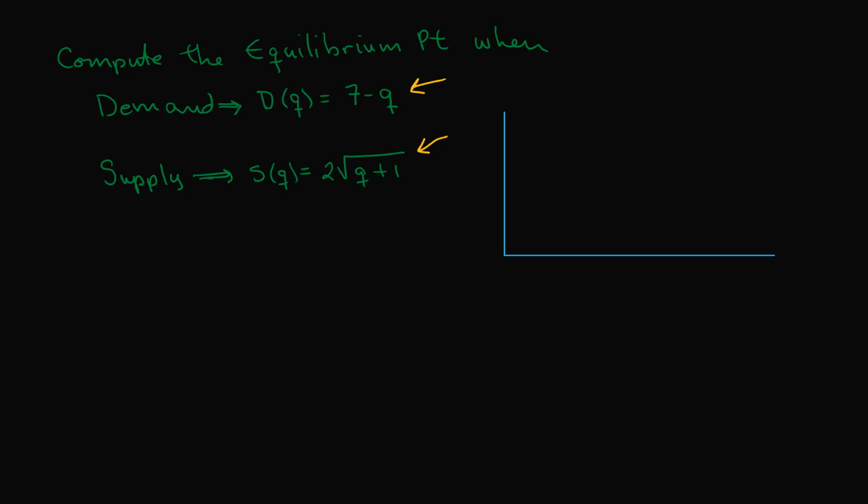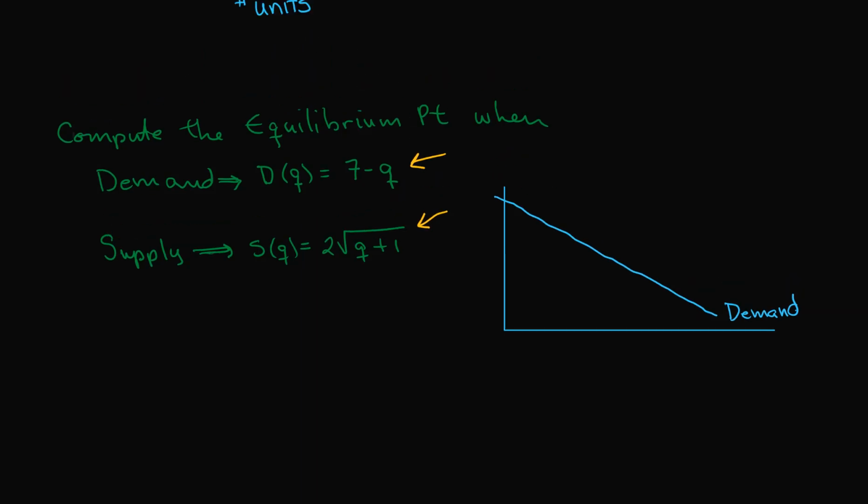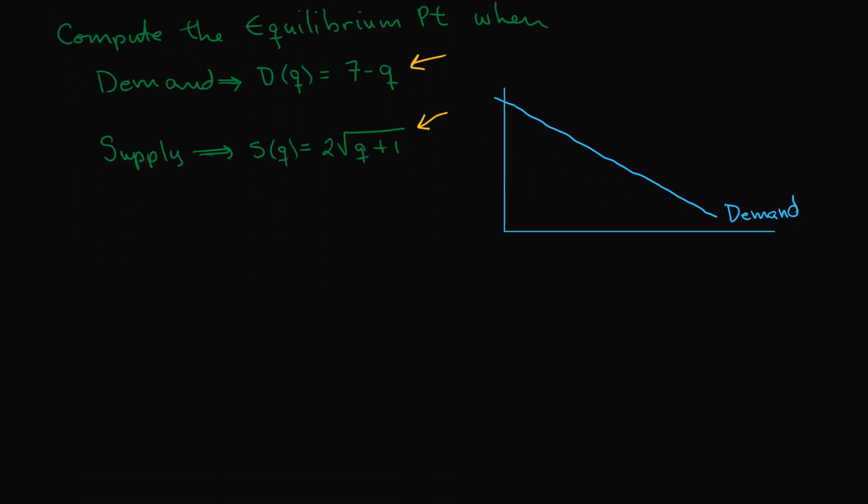It's decreasing and it starts at 7 and it's just a line that goes down like this. This is your demand. The supply function, which we plotted in yellow and will continue to plot in yellow, is a square root and it's going to behave something like this. So here is your supply.